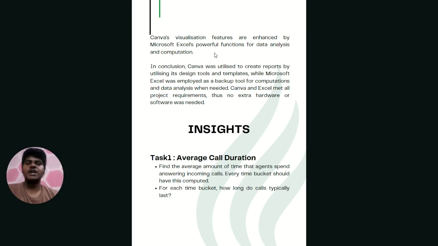These findings indicate diverse patterns in call lengths associated with various times of the day. Factors such as fewer available agents, more complex calls, or increased client engagement during the nighttime hours may contribute to longer average call duration. Conversely, a lower call volume or quicker resolution of customer inquiries may explain the shorter average duration during the afternoon.